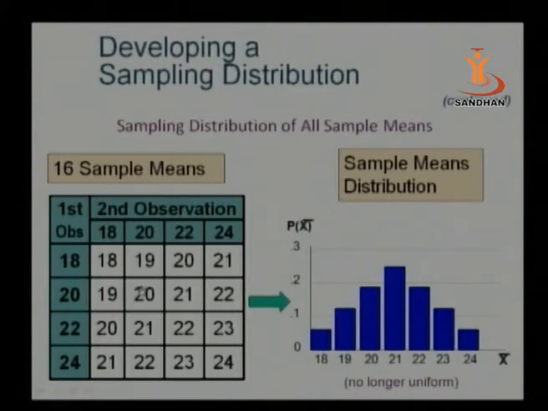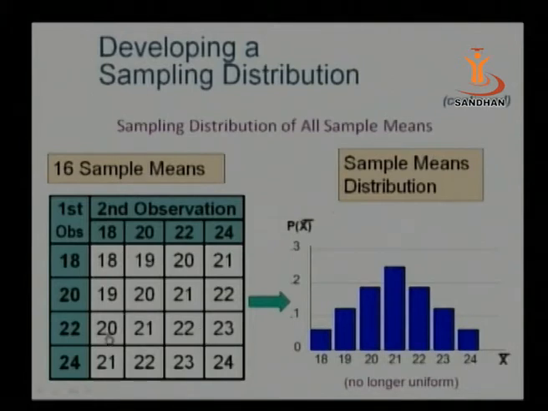Similarly, observations 19 and 23 are repeating 2 times among these 16 observations, so the probability will be 2 divided by 16. It is again given here in the column chart.